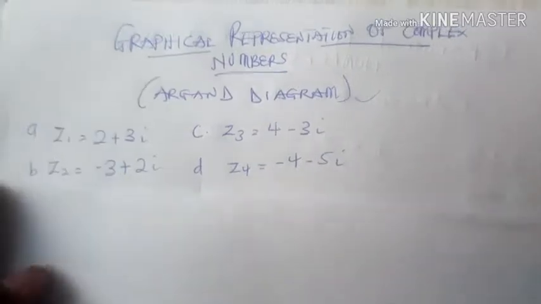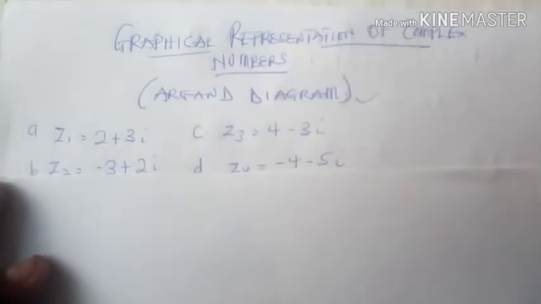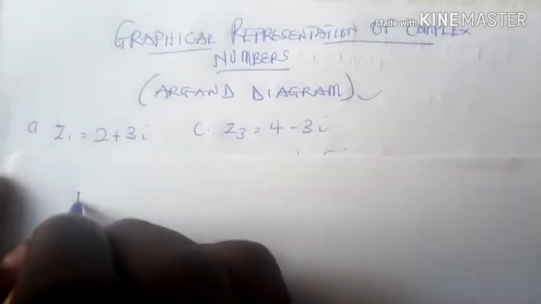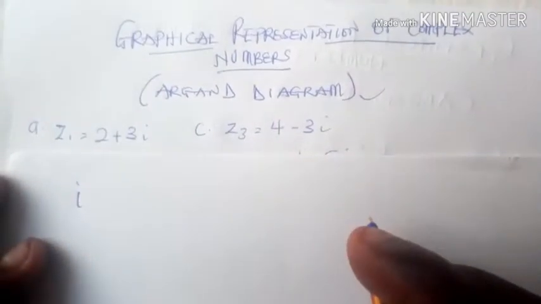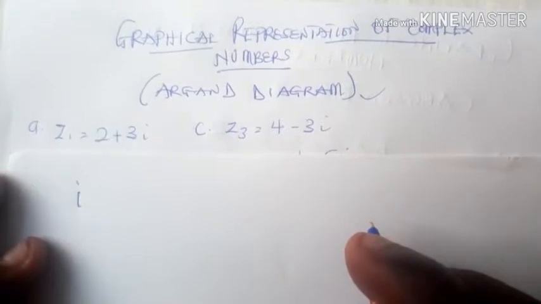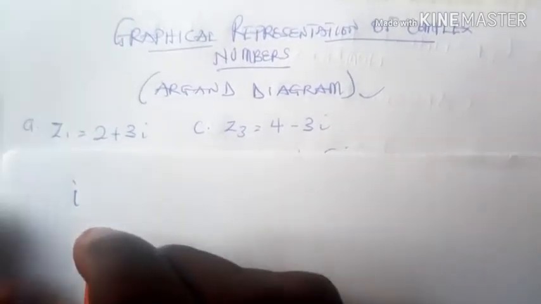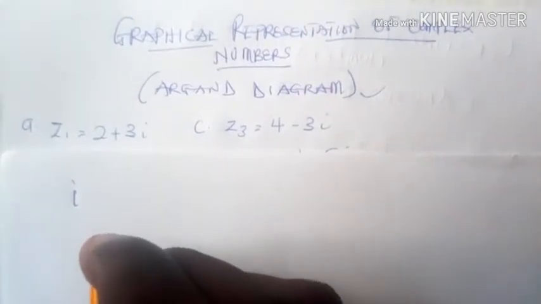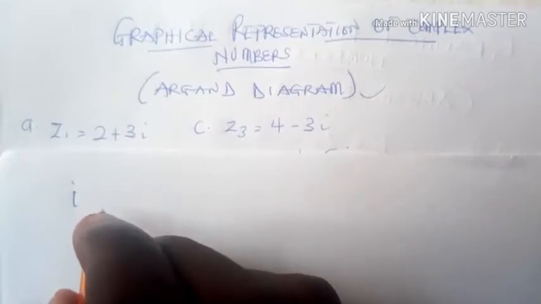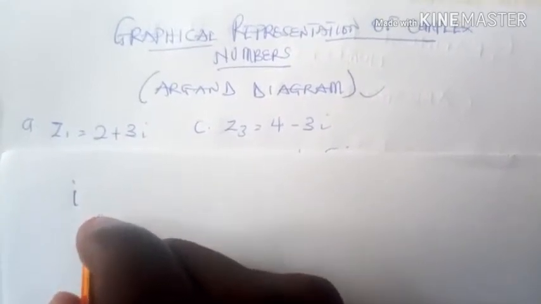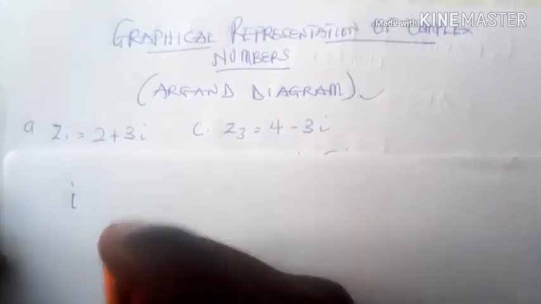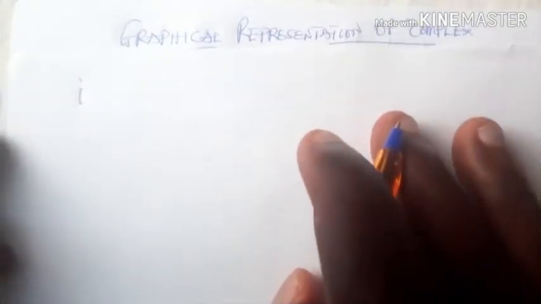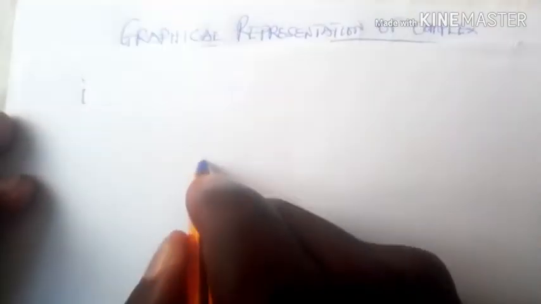Now, what you should know is that the unit i turns a vector through 90 degrees anti-clockwise. This is what it stems from.